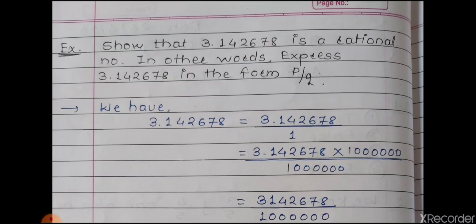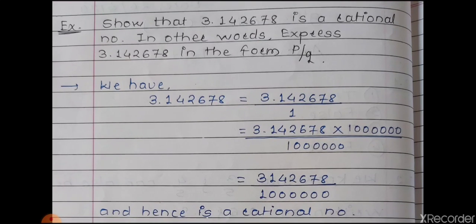We can write 3.142678 as 3.142678 divided by 1, because that is also equal to 3.142678. There are 6 digits after the decimal point.